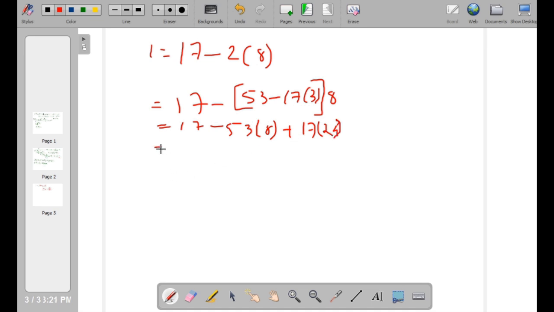That is 17 into 25 minus 53 into 8. That is what we are getting from this.